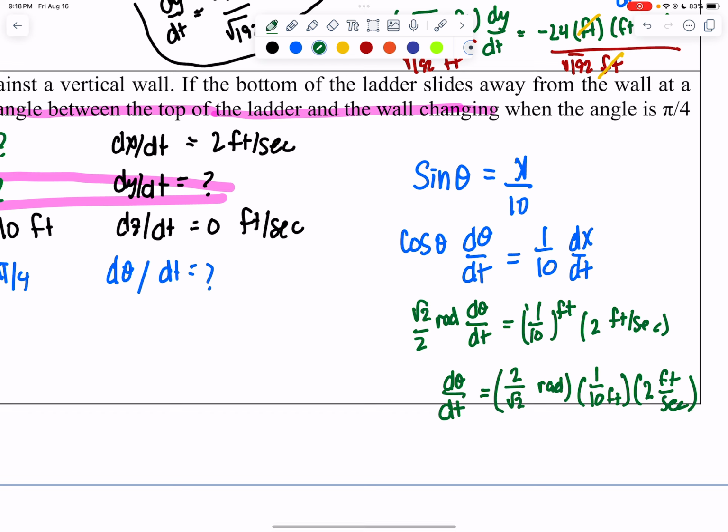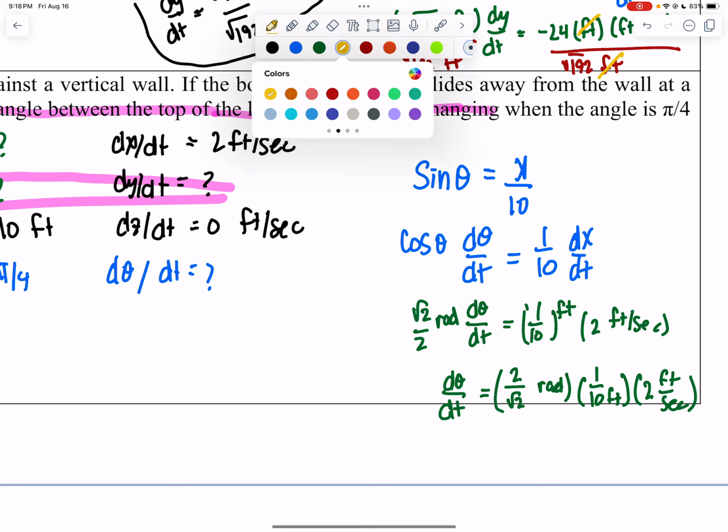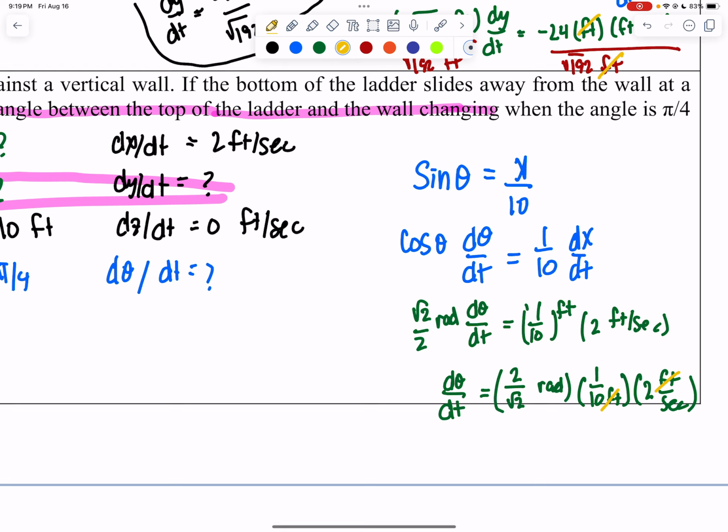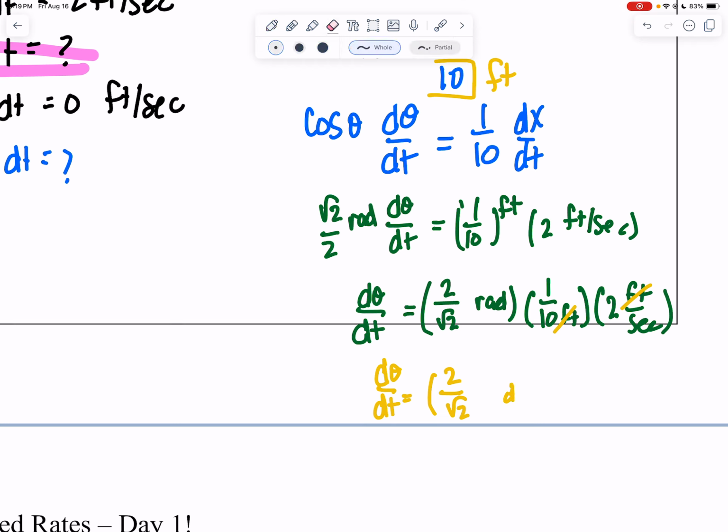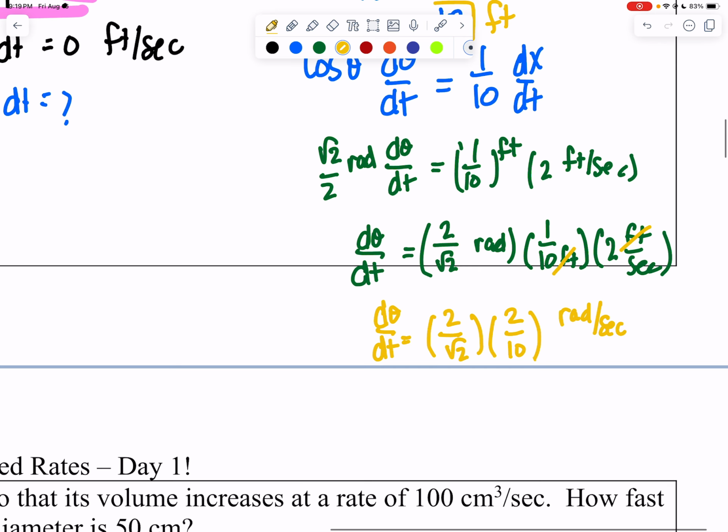Now, if I do that, notice how the feet will cancel out because of the 10 right here, which means I'm only left with 2 root 2 over 10 radians per second. So this right here is going to be my final answer.